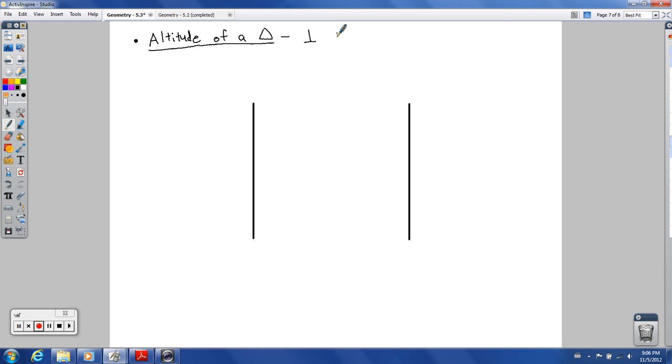It is the perpendicular segment from a vertex to an opposite side, or sometimes it won't actually touch the opposite side, depends on how the triangle looks.